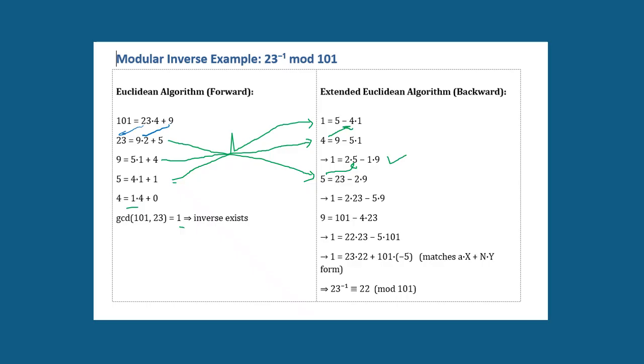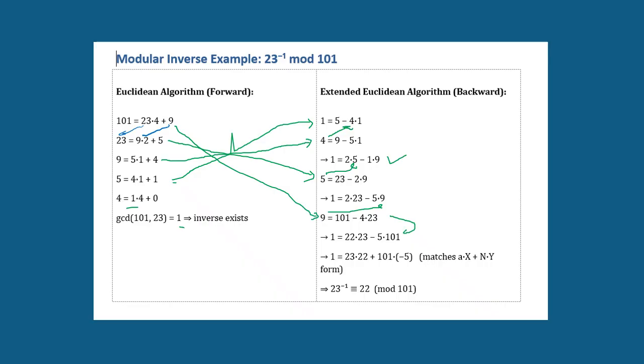Rewrite the remainder 9, substitute into this 9 here, and reorganize, you have 101 and this. Then you rewrite this 9 into the above and reorganize, and that will yield this.